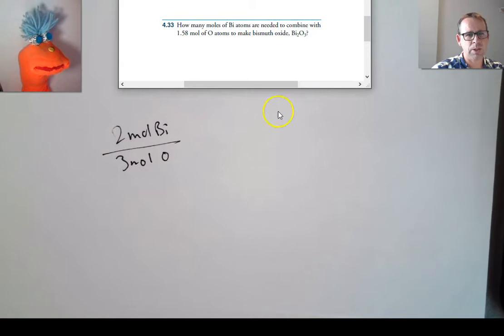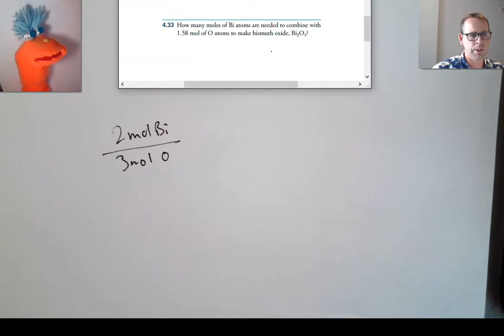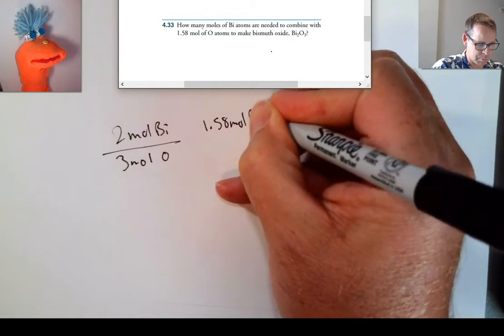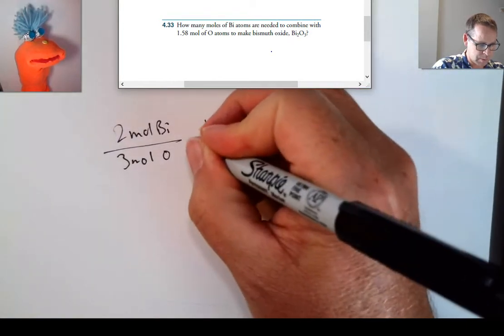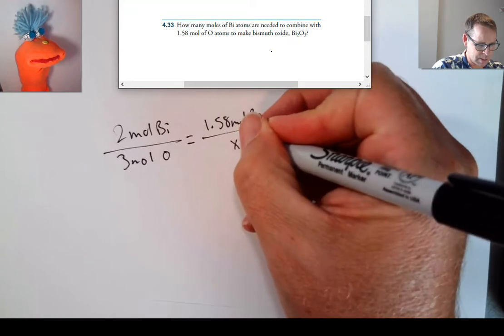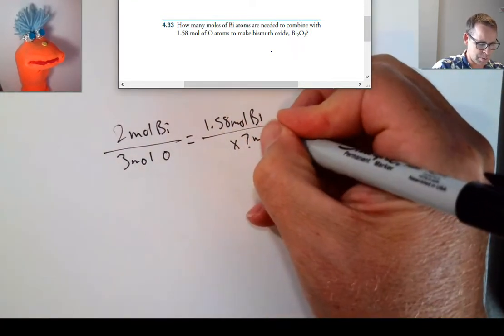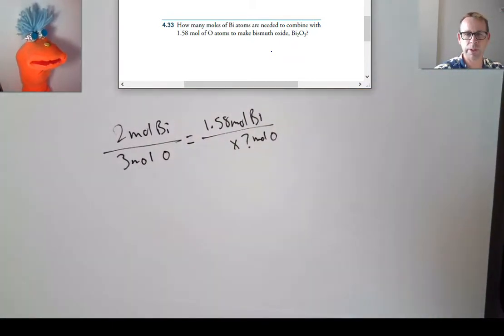We got that from the chemical formula here, right? So now what? They're saying we have not 2 moles of oxygen, but 1.58? That's right. So we have 1.58 moles of oxygen, and we can say that this ratio has to be the same, so we could find out X moles of bismuth there. That's one way to do it.